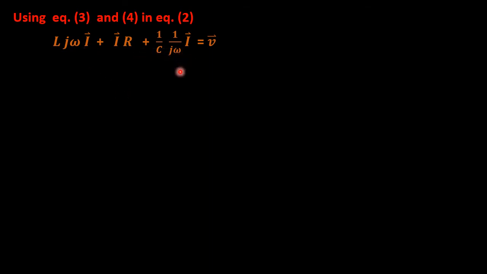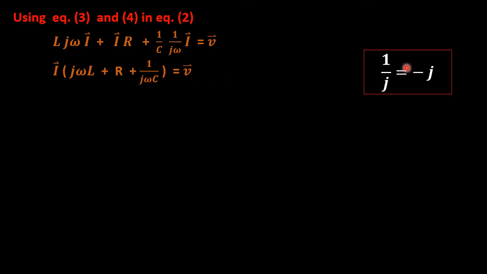Taking it common, within bracket it will be j omega L plus R plus 1 by j omega C equals V. Now here we use the formula 1 by j equals minus j. Using this and rearranging, V by I equals R plus j omega L, and 1 by j has been replaced by minus j divided by omega C.